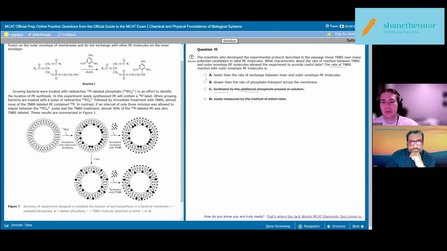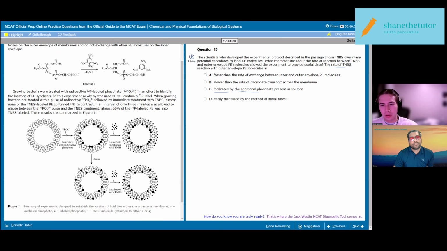I would lean A because when we immediately incubate it with TNBS, it right away reacts with the outer phosphate, and it's faster than the rate of exchange between the inner and outer envelope PE molecules. Here it said 3 minutes, and after 3 minutes, some of them flipped.